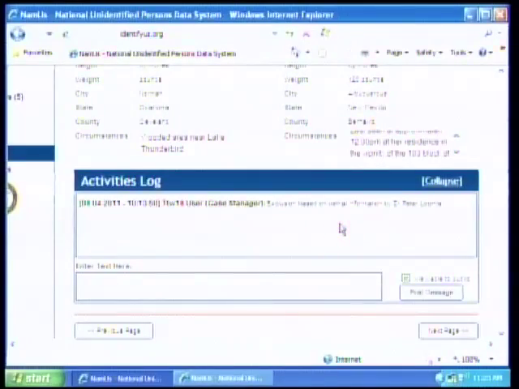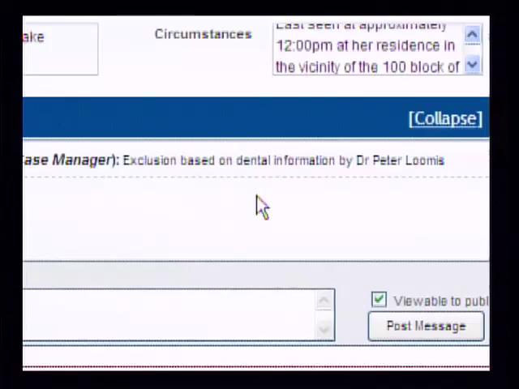So as you just saw, we excluded this individual on the training site within the activities log. We did that because there's no special button to push that says exclude this missing person on the training site. We'll show you what that looks like in a moment on the real NamUs site.